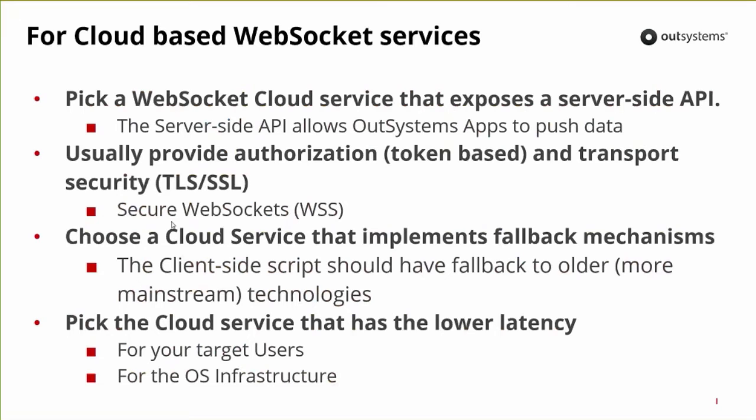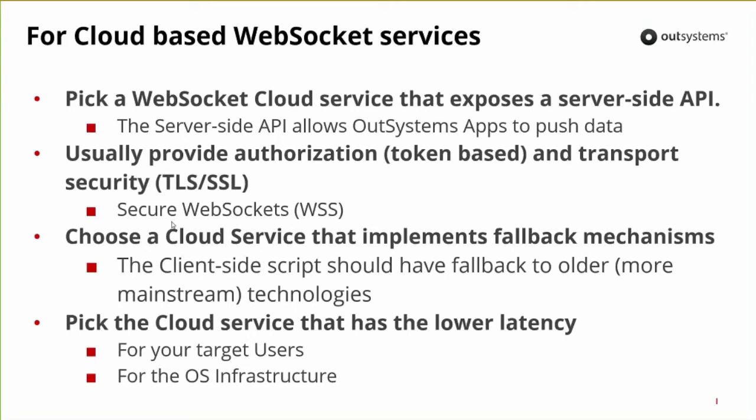This server-side API can be called from .NET or Java applications, and it allows OutSystems applications to push data to the browser indirectly. These kinds of cloud services usually provide some sort of authorization that is token-based or some sort of API key, and should also support secure transport channels using TLS or SSL, which, by the way, is called secure WebSockets.